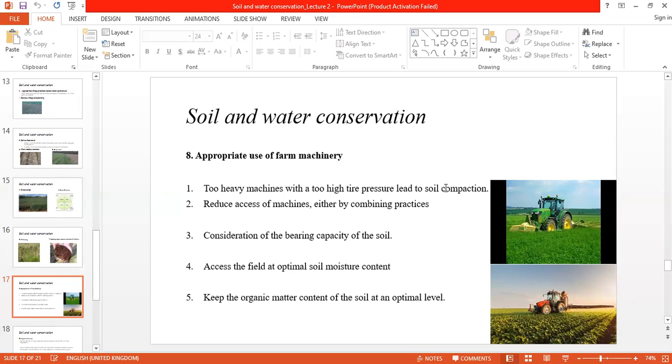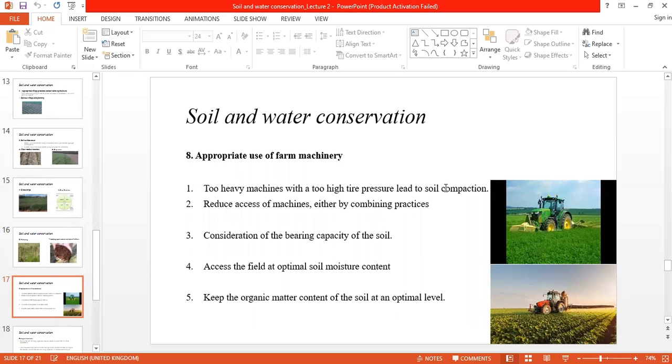But also you have to make sure that you reduce access of the machinery to the farm, meaning that you can combine certain operations. If you're going to do this operation, maybe for planting, at time of planting you also apply fertilizer, so that you just pass through the field once.